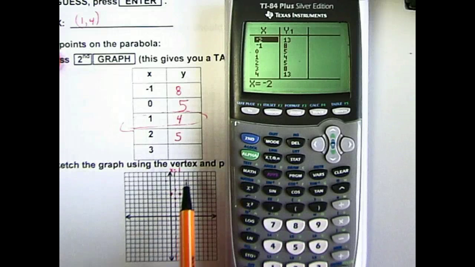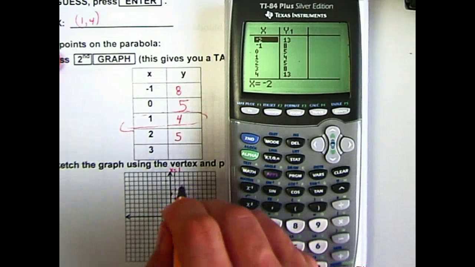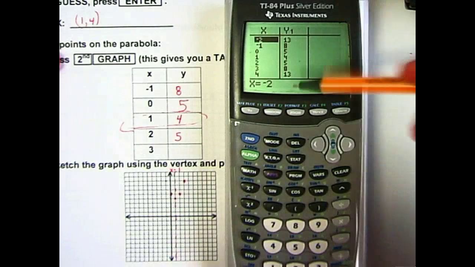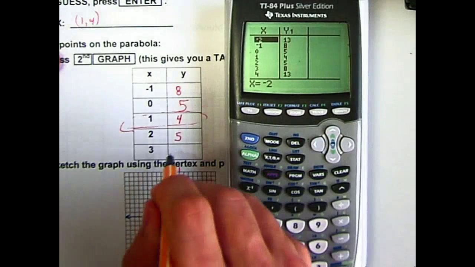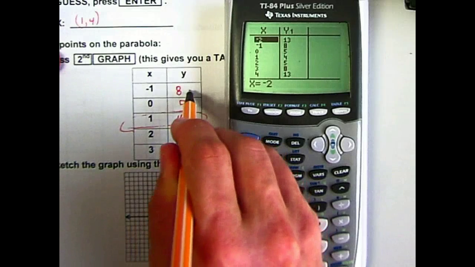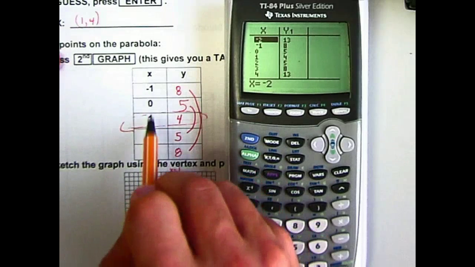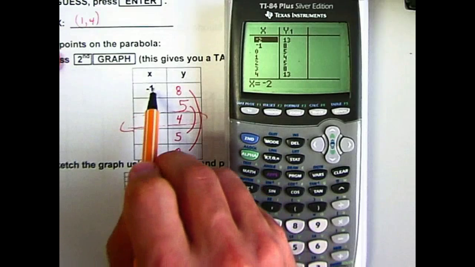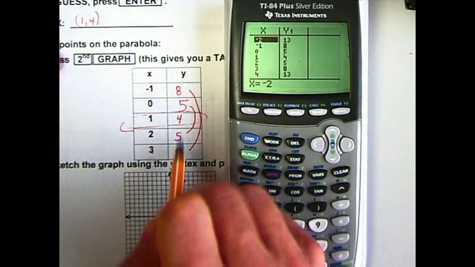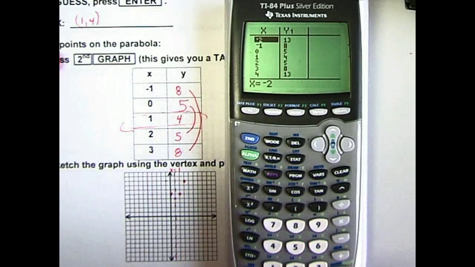I'm going to get the same value, 8, for my graph. And so this parabola is going to look exactly like the one that we had on our graph on our calculator. You can kind of see that symmetry going around the vertex. I'm 2 away from 1 here, and 2 away from 1 here, so my height is going to be the same for the parabola.